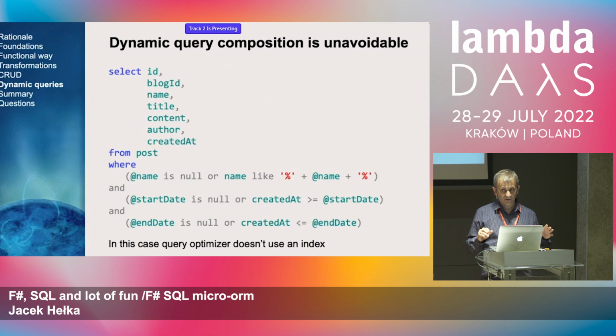One simple case is if we have, for example, some complex criteria, and some parameters can be set and some can be null. And we can implement our query using null comparison and OR. But in this case, the optimizer will not use the index. To make such a query efficient, we have to generate it in some way.